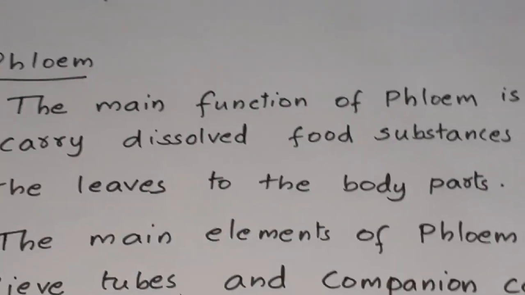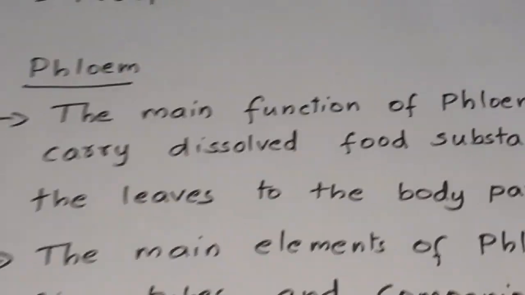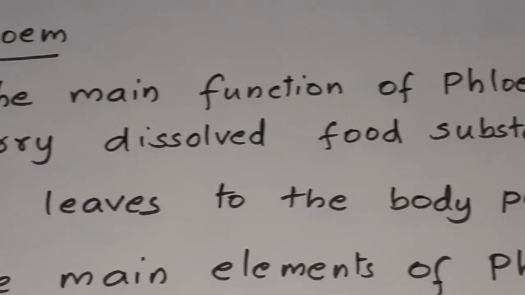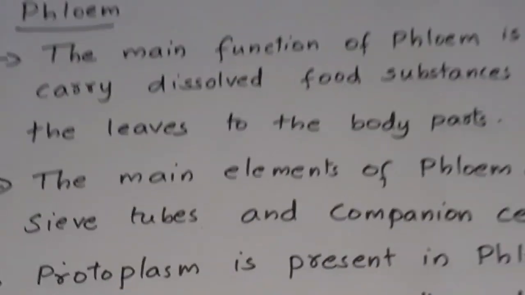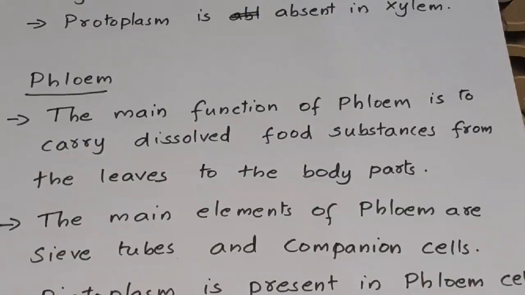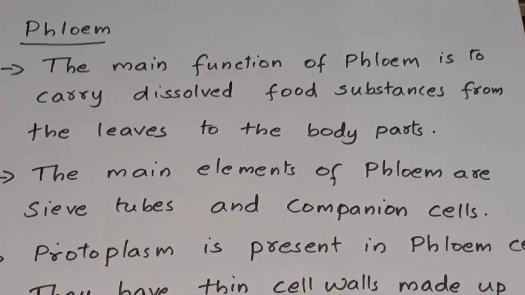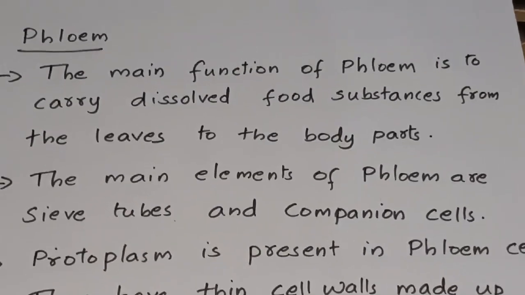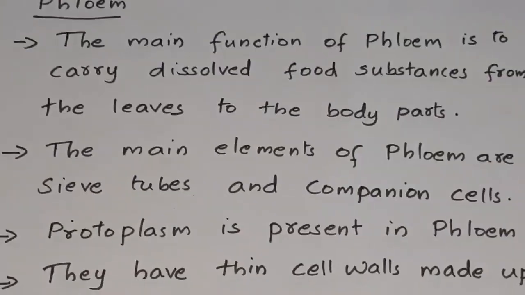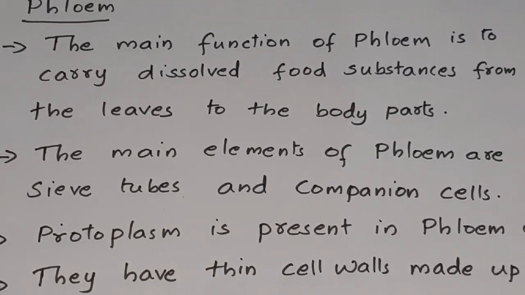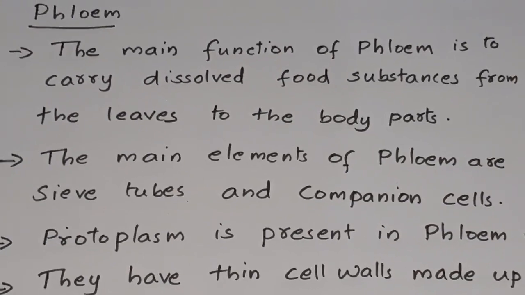The next is phloem. The main function of phloem is to carry dissolved food substances from leaves to the body parts. Once the water reaches the leaves through xylem vessels, the leaves will prepare food in the presence of sunlight.